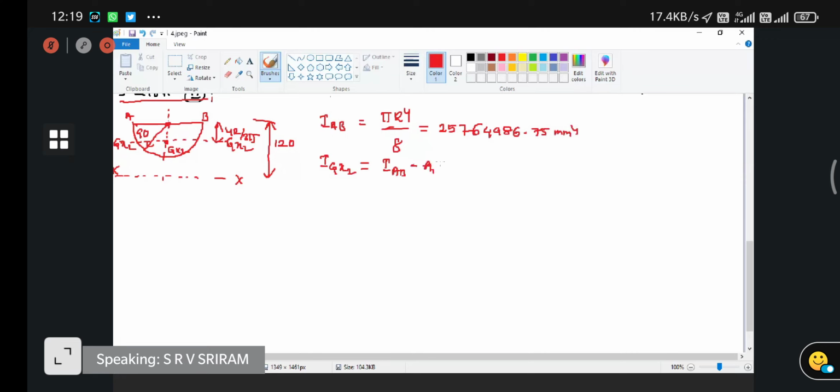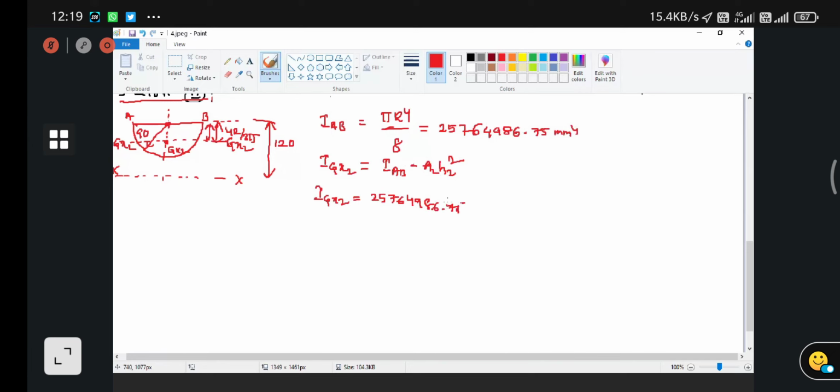So Igx2 is equal to IAB, which is 2576498.675 from the previous case, minus the area, pi r square by 2. Why divided by 2? The area of this semicircle is half of the total circle. The total circle area is pi r square, and half of it means dividing by 2.